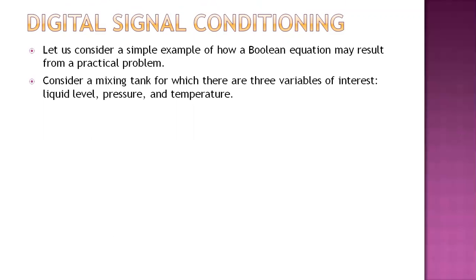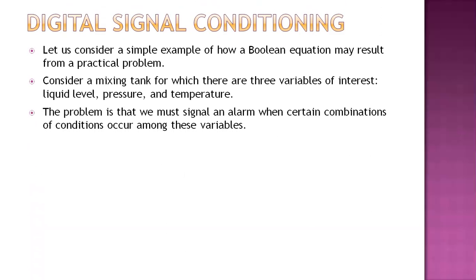So now we are going to consider a mixing tank for which there are three variables of interest: liquid level, pressure and temperature. The problem is that we must signal an alarm when a certain combination of conditions occurs among these variables.